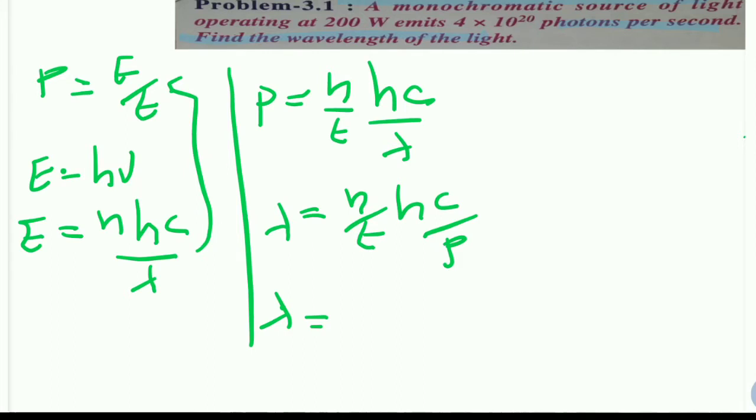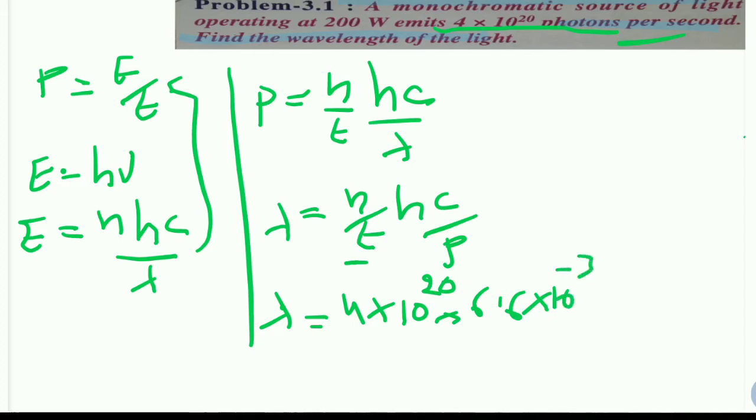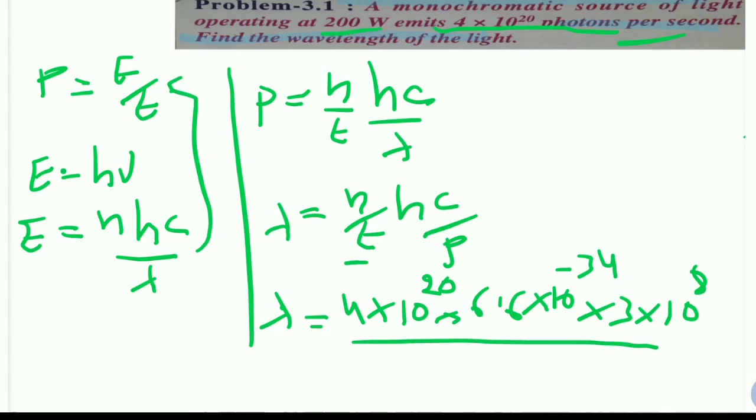N by t means 4 into 10 to the power of 20 photons per second. h means Planck constant, 6.6 into 10 to the power of minus 34 joules. c means the velocity of light, 3 into 10 to the power of 8. Then P, the power given, is 200 watts.